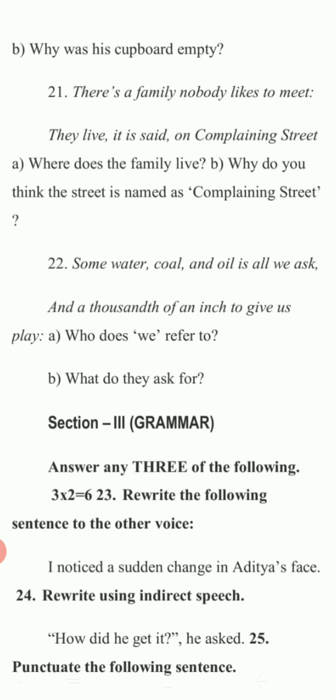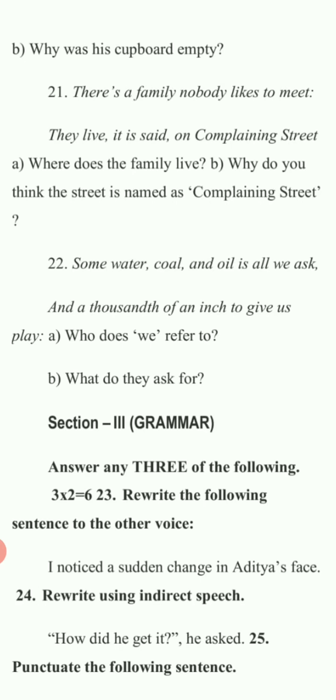Then why do you think the street is named Complaining Street? Because the people would be complaining always. The street is named Complaining Street because all the people of the street were complaining always.